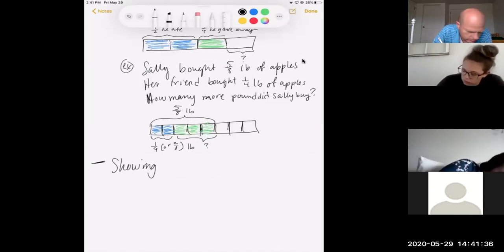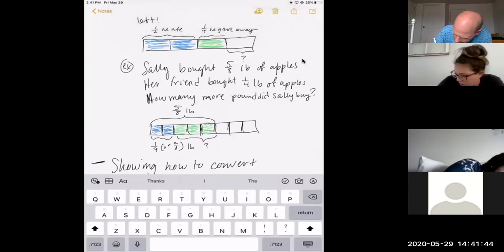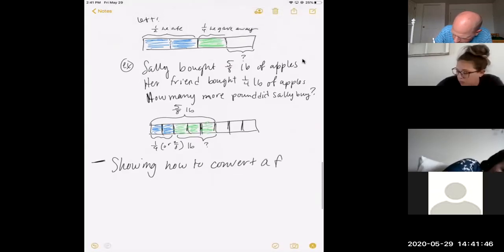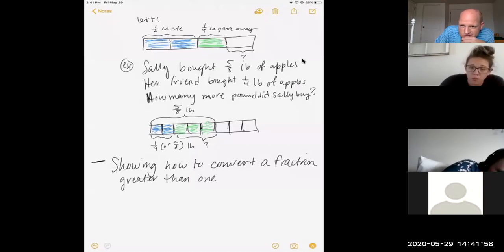So we're going to start with showing how to convert a fraction greater than 1. Sometimes you have people that say that improper fractions, or fractions where the numerator is greater than the denominator, are still fractions.